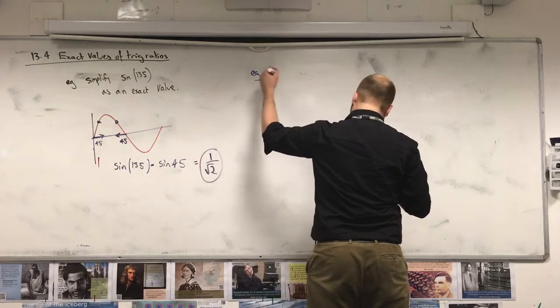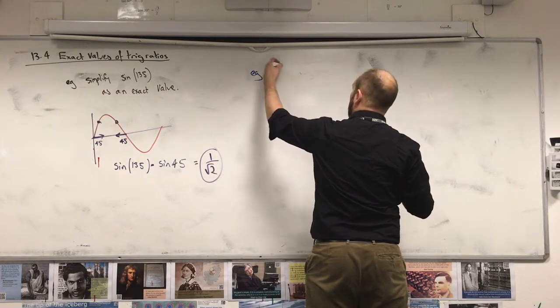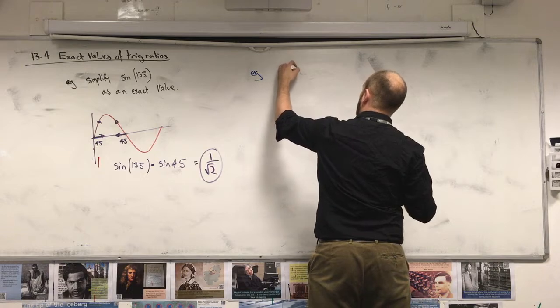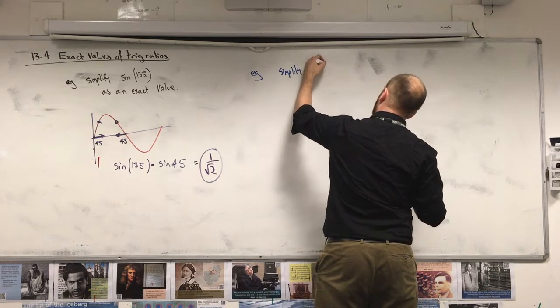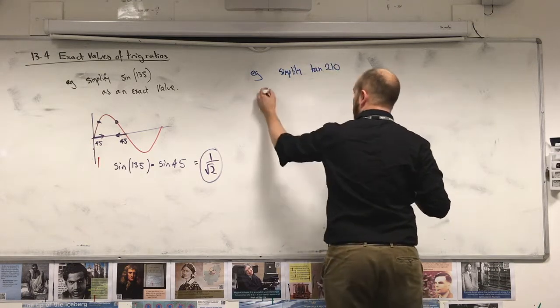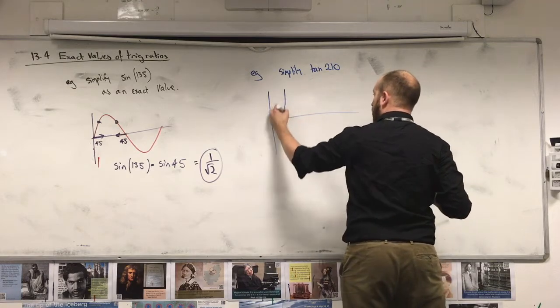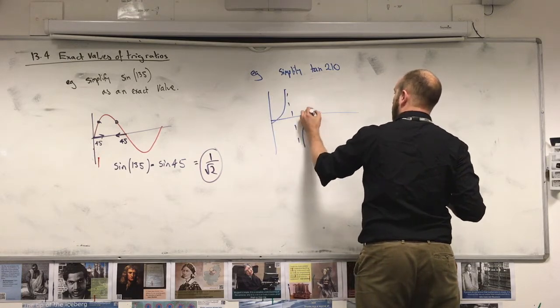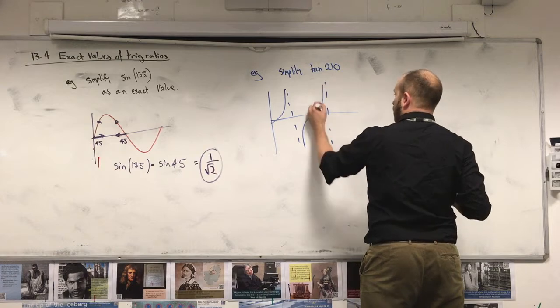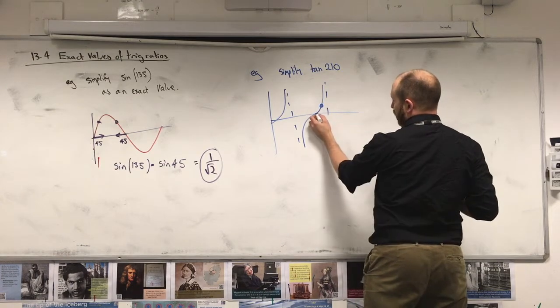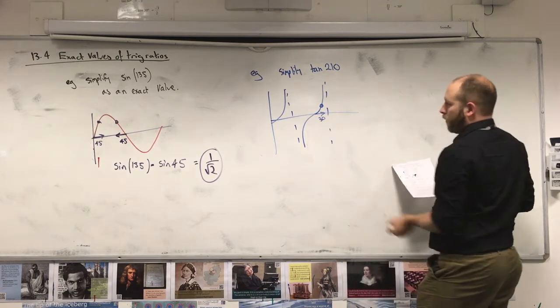Let's try another. So if we had tan of 210 degrees, so sketch tan. So tan 210 is about there, it's 30 away from 180.